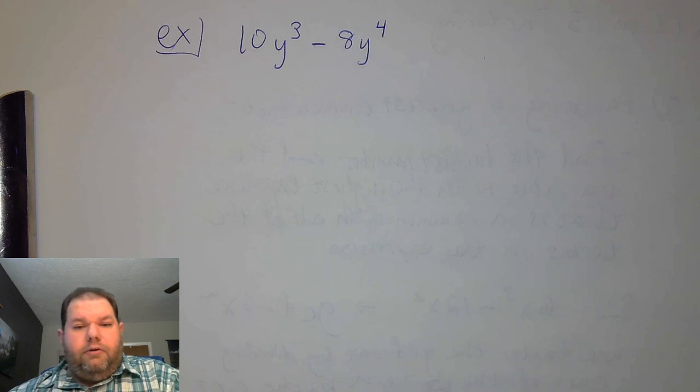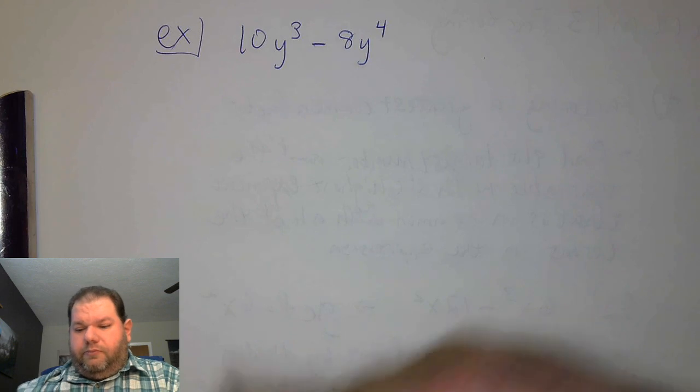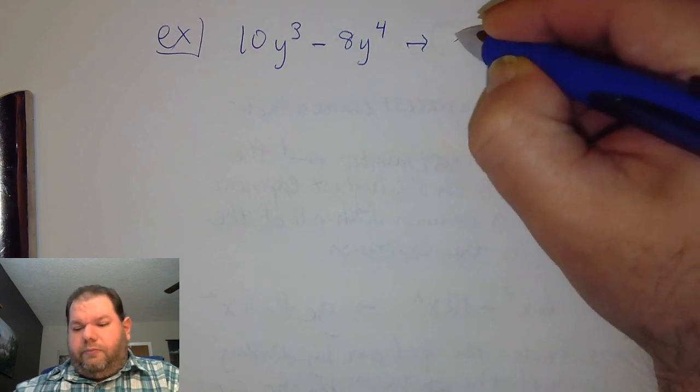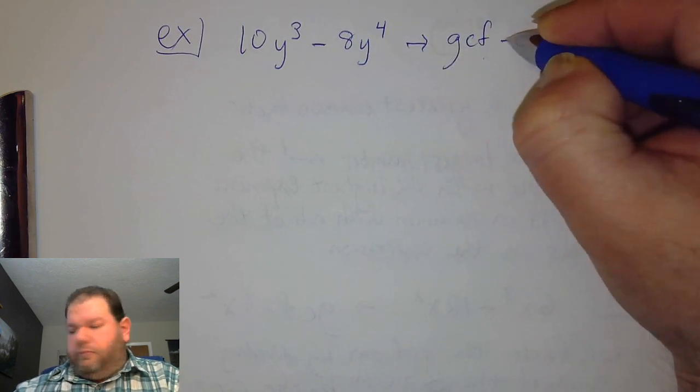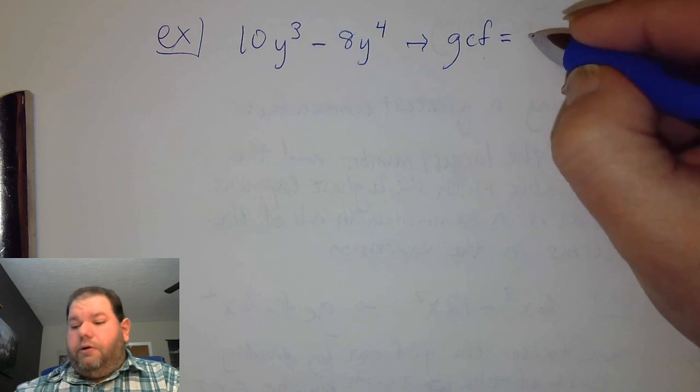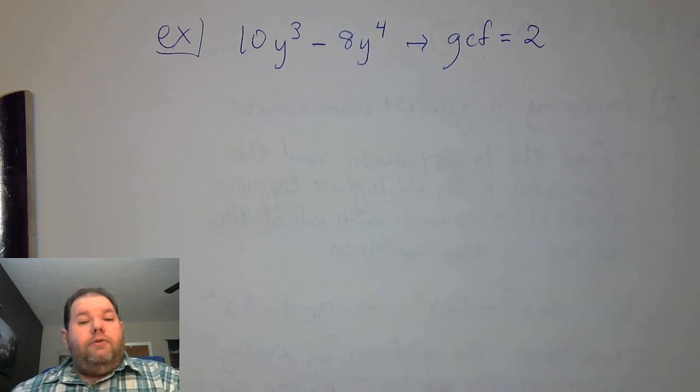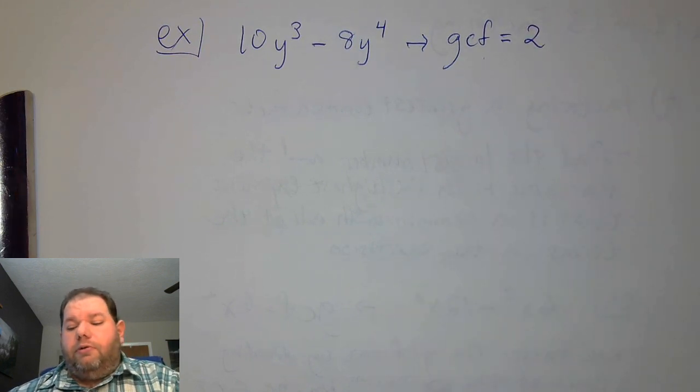What factor divides evenly into both 10 and 8? A 2? Good. And 2 is the largest such number. There is no number larger than 2 that is a factor of both 10 and 8.